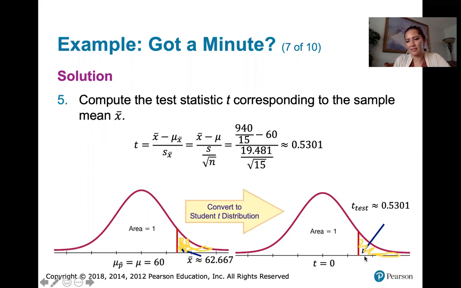So that's the probability that our test statistic T is equal to our test statistic T or more extreme than that test statistic. So this area corresponds to this area, which means that this probability corresponds to this probability. So when we find out if the test statistic is significantly high or significantly low, what we're really finding out is if X bar is significantly high or significantly low.